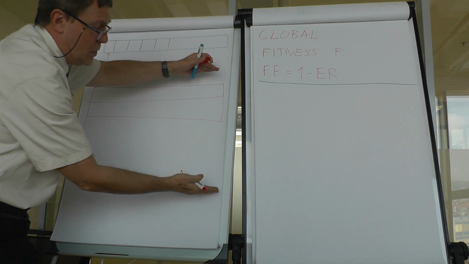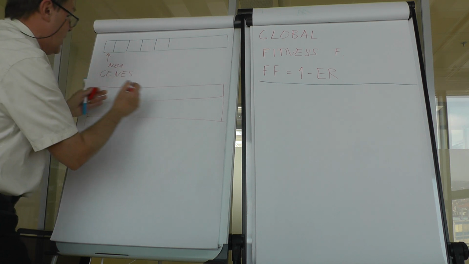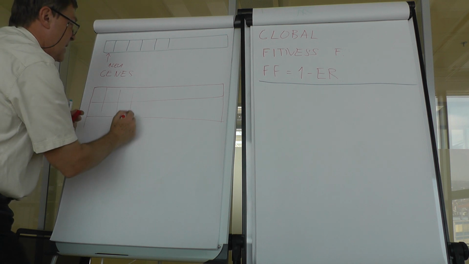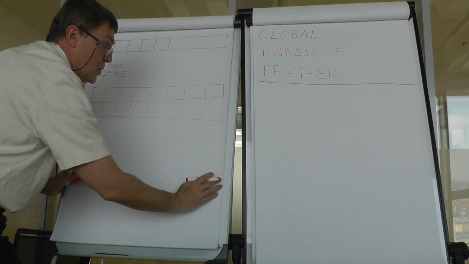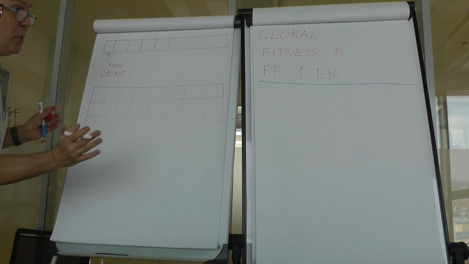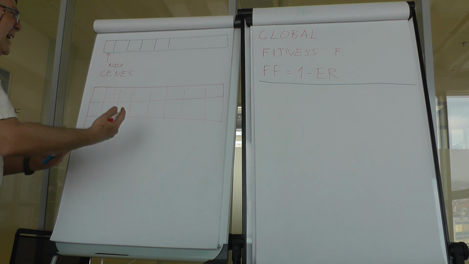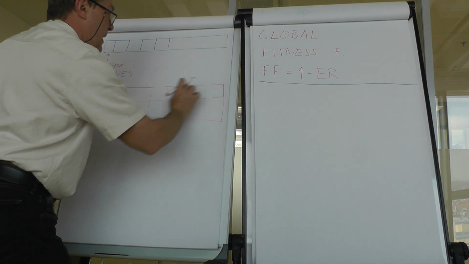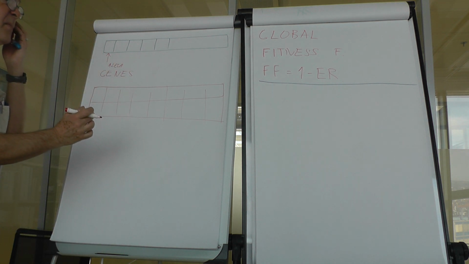So you randomly start with a number of sequences of genes and alleles. Let's say you get 50 of those, just randomly selected bits. So you make something like a population. The population in this case means a set of zeros and ones.